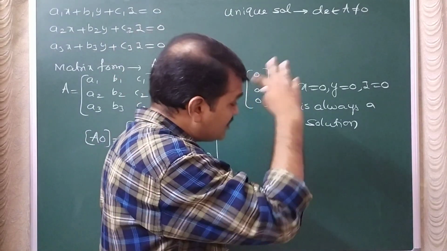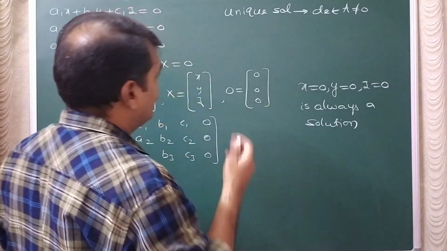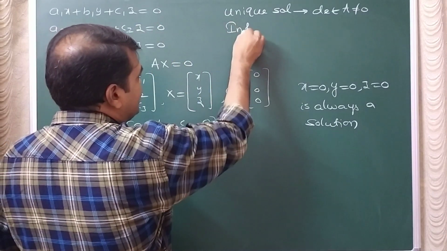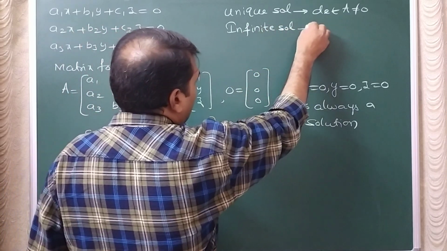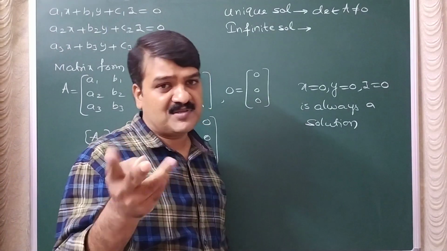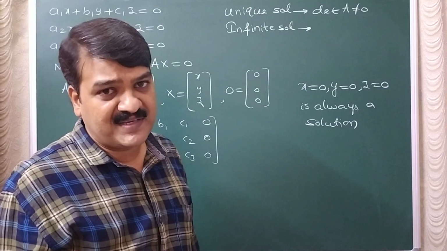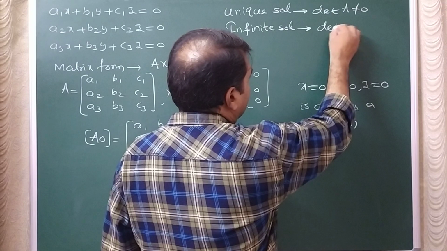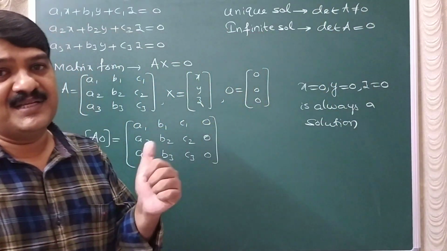When the system does not have a unique solution, det A is 0. In a homogeneous system, when the system does not have a unique solution, it means only an infinite solution is possible, because in homogeneous systems there are only two types of solutions. So when infinite solutions are there for the system, det A is 0.